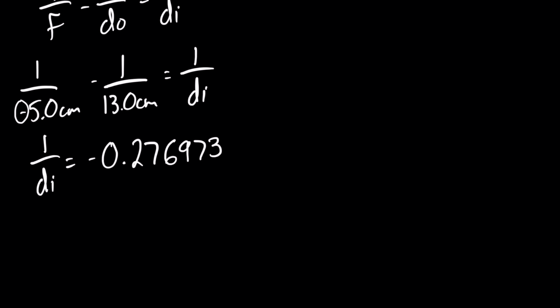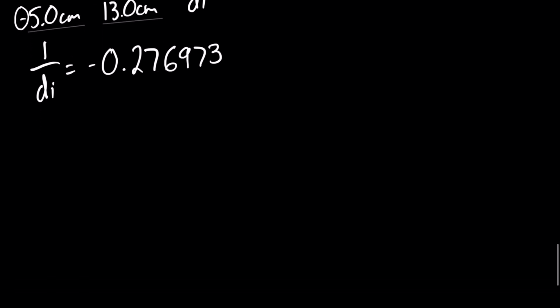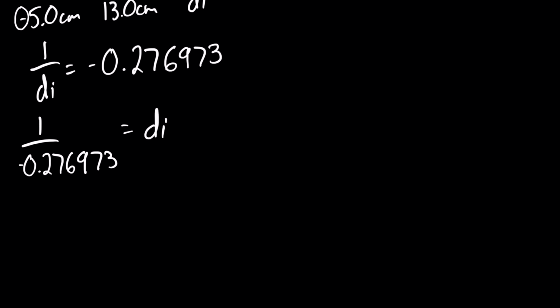We'll keep quite a few figures here because we have not found our answer yet. And if we take the inverse of this, remember we're always going to take the inverse here. So 1 over negative 0.276973. That's going to give us our di.